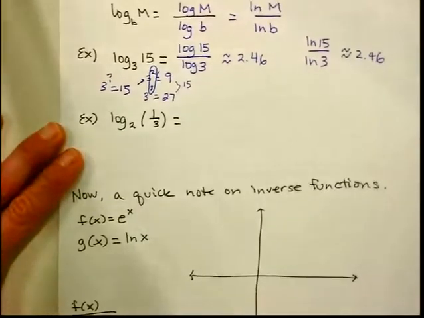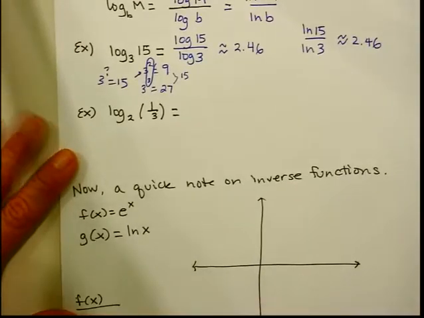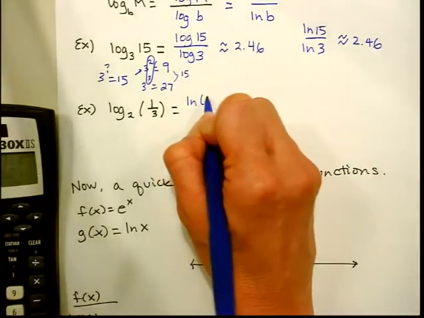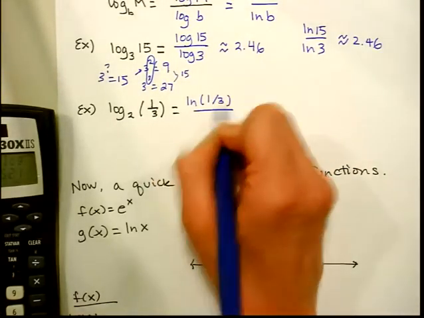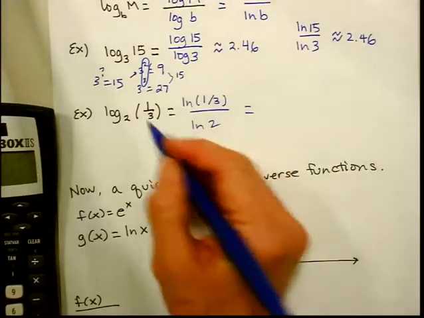Okay, how about this one? Go ahead and try it. Hit pause if you want, and then come back. Log of the argument over log of the base.